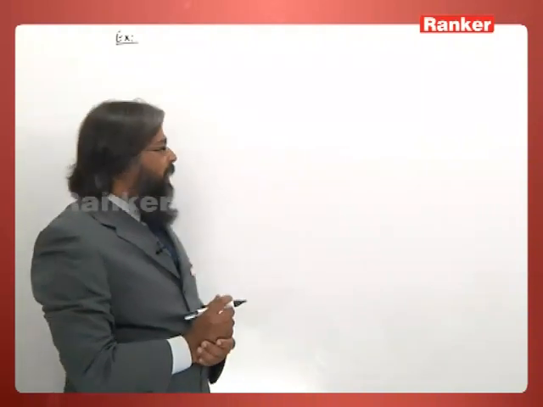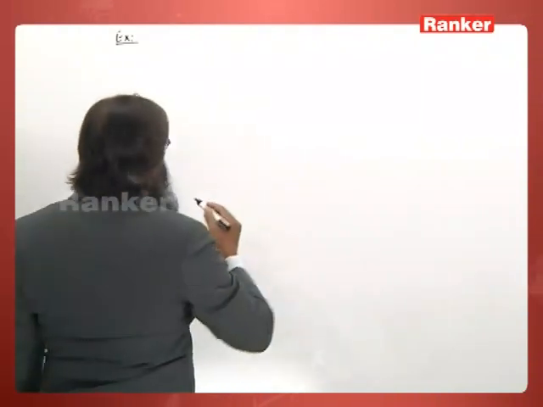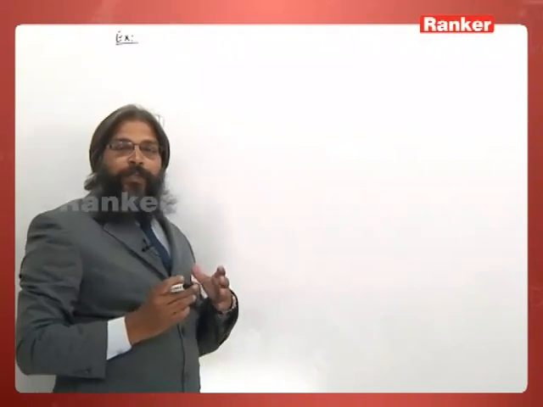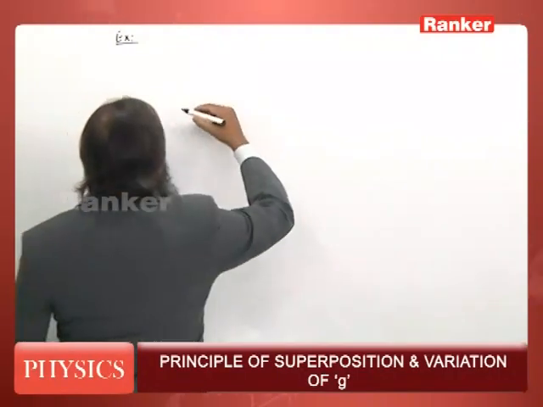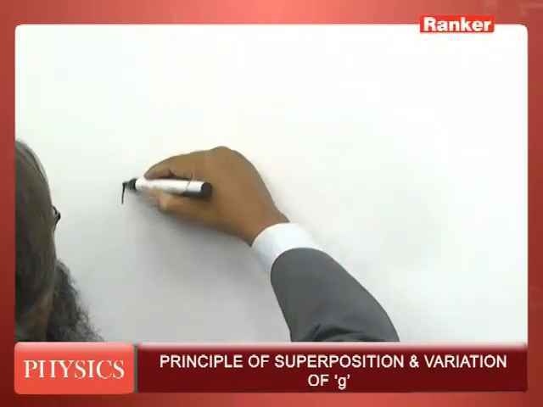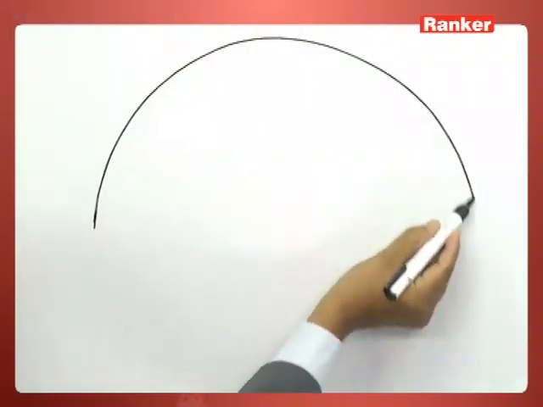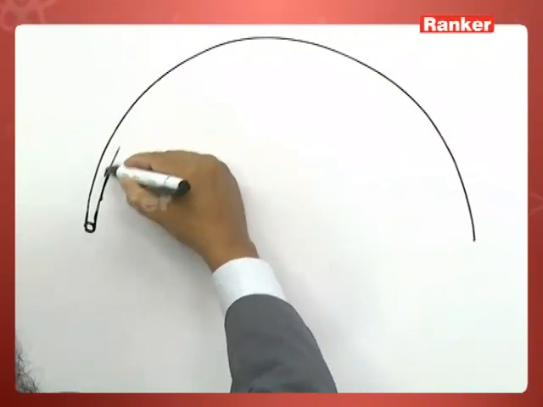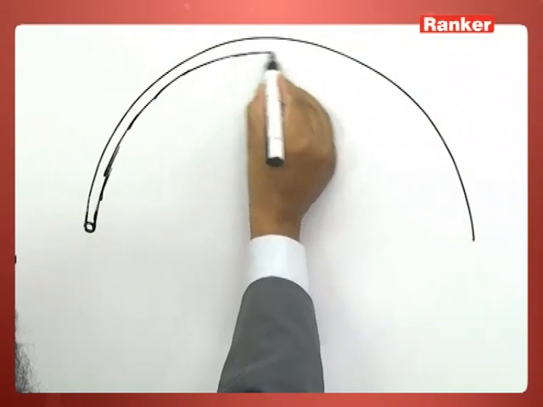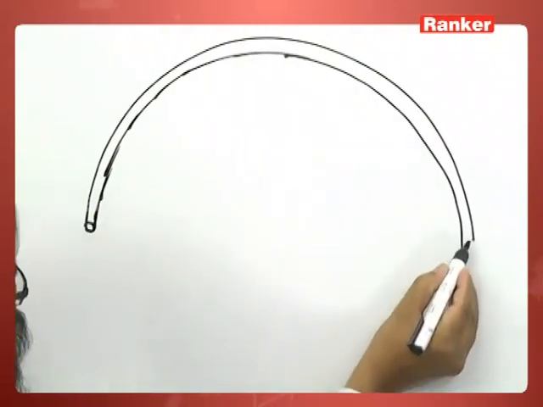Now let us take an example where we are going to use the principle of superposition and some symmetry. So, we have a massive ring of mass per unit length lambda.